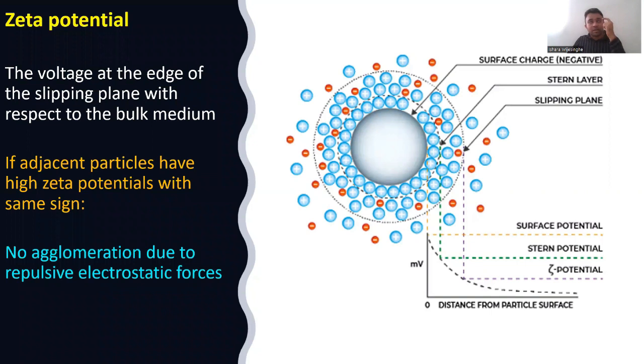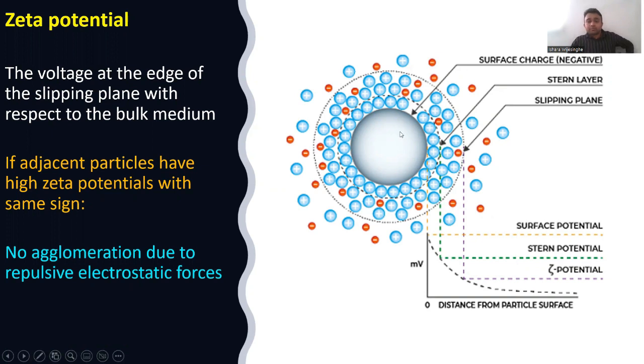So if we think of that particle, that is not exactly that particle, it is the particle plus the adjacent charge layers. Therefore we have to consider this section, not only this particle.